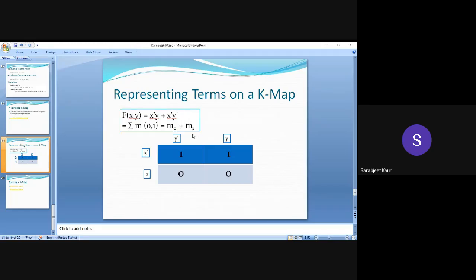Is this okay? All these expressions would mean the same. So you have to do this same thing to represent these terms on the two variable K map.